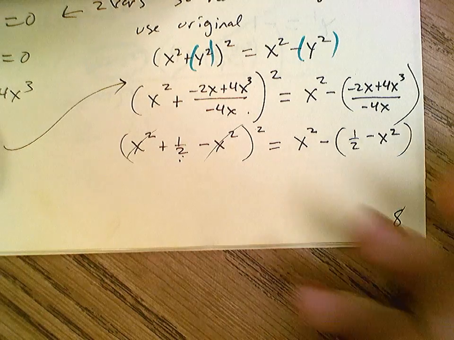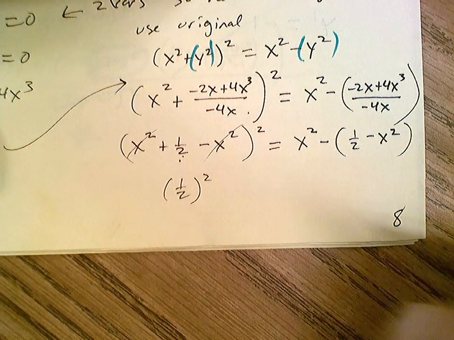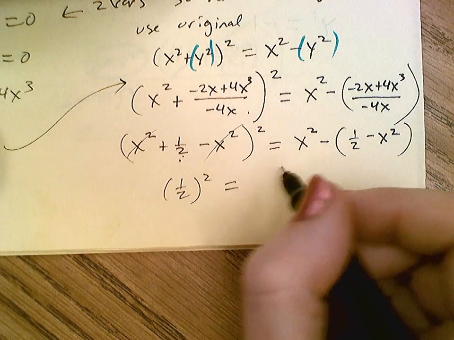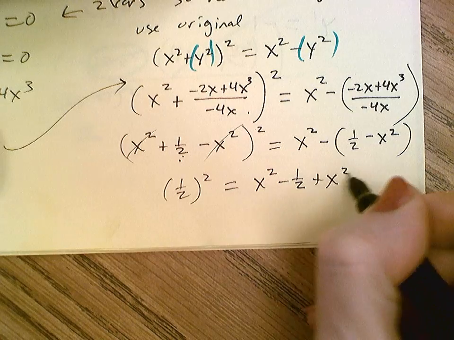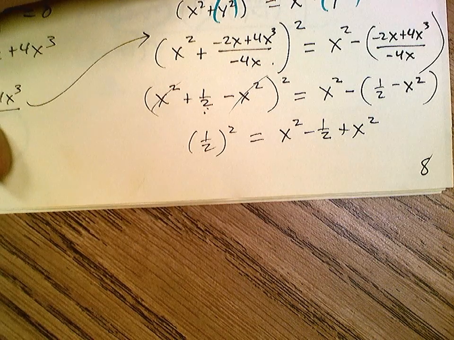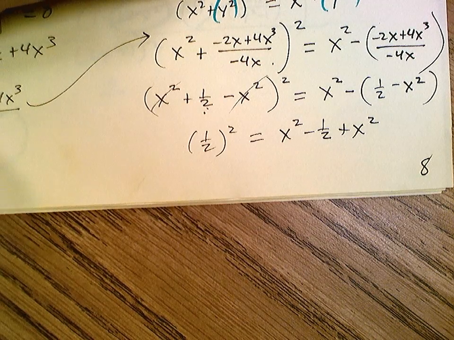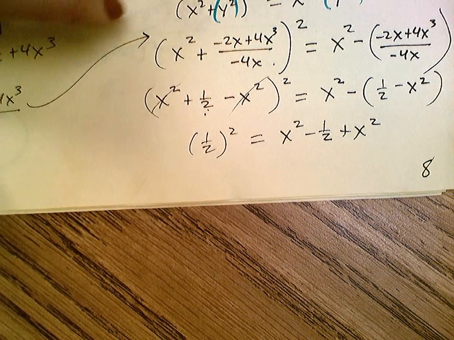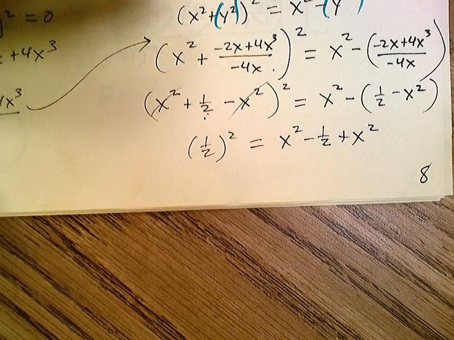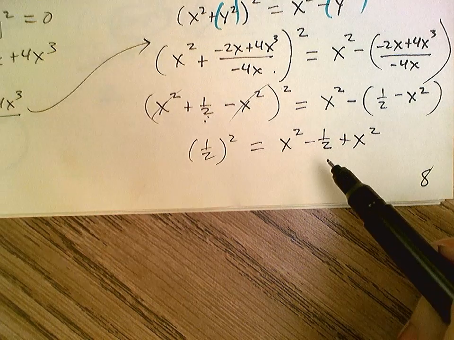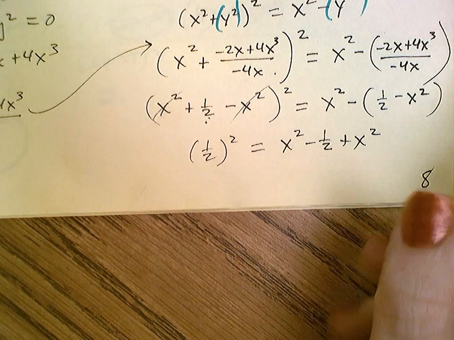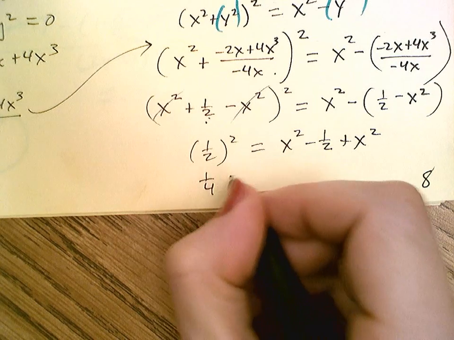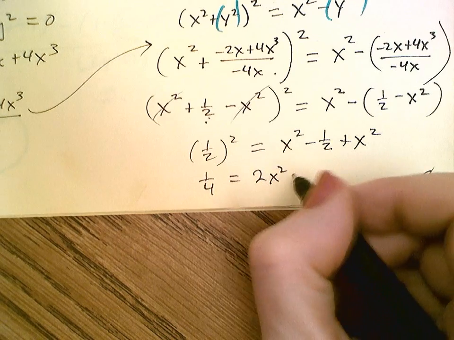These are canceling, so this is just (1/2) squared equals x squared minus 1/2 plus x squared. Sweet. And that'll be 2x squared. So this is 1/4 equals 2x squared minus 1/2.